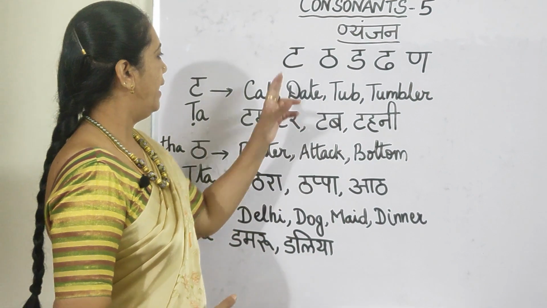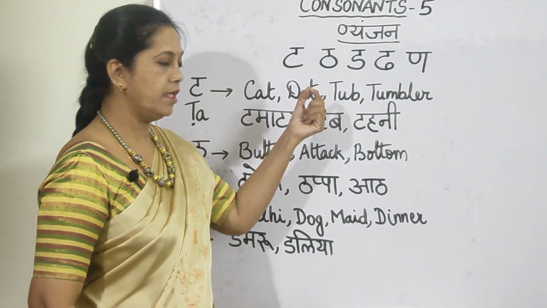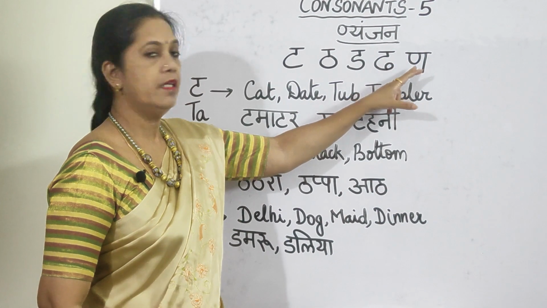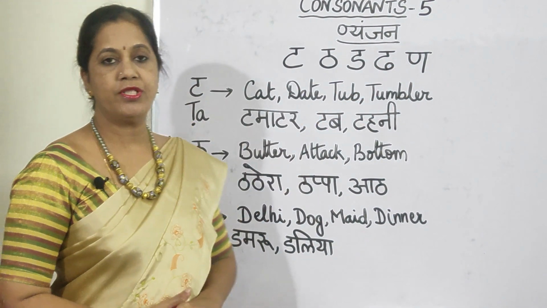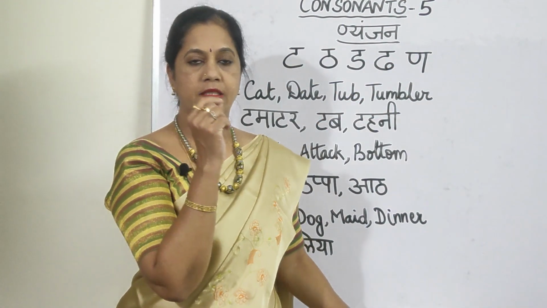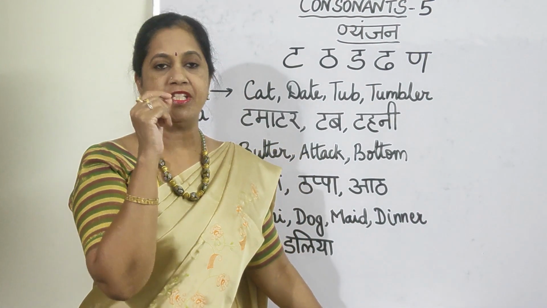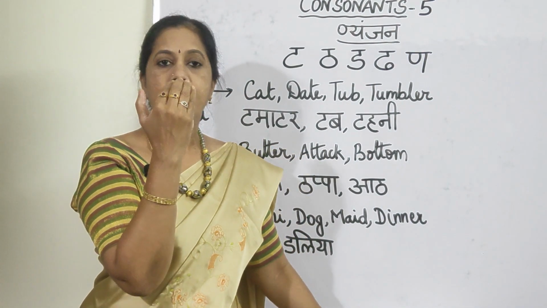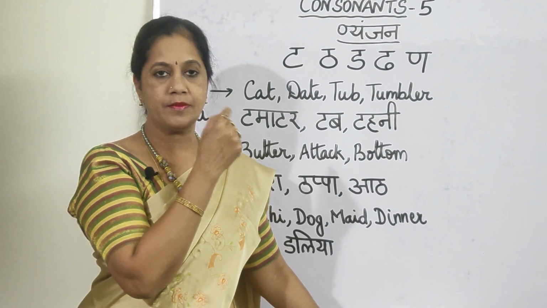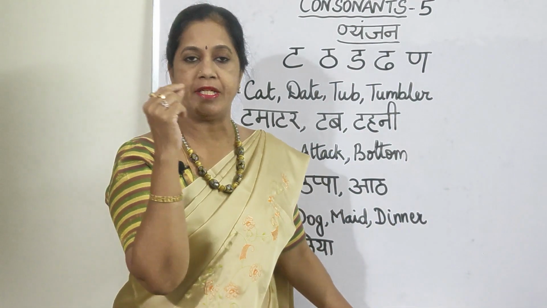Now I have given here ta, da, na. How to pronounce this? First, the tongue. The placement of the tongue, the upper palate, you have to know where these letters are to be pronounced.